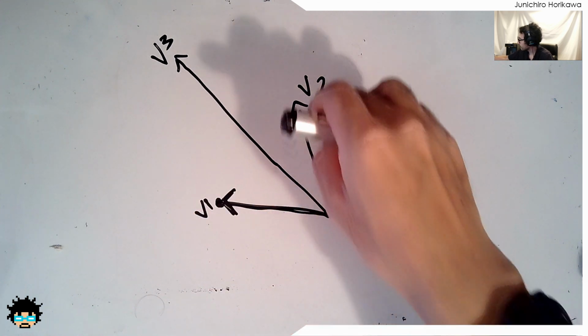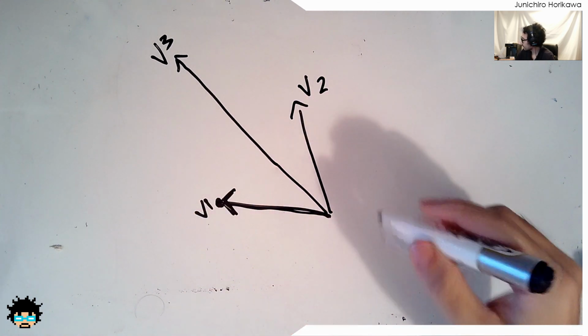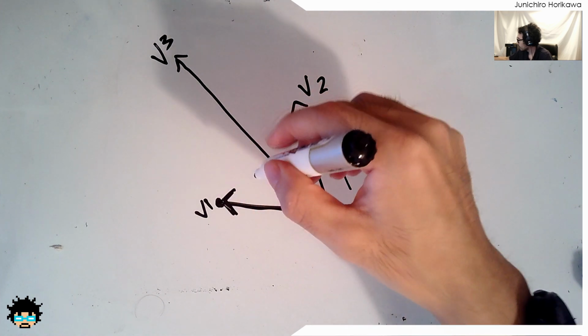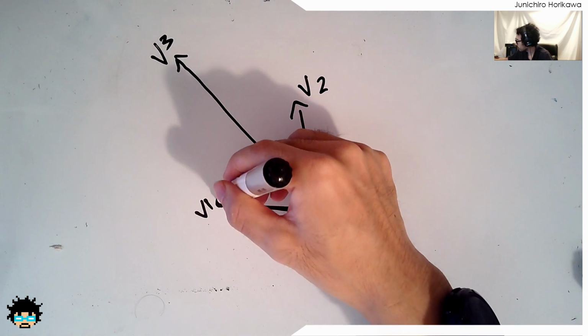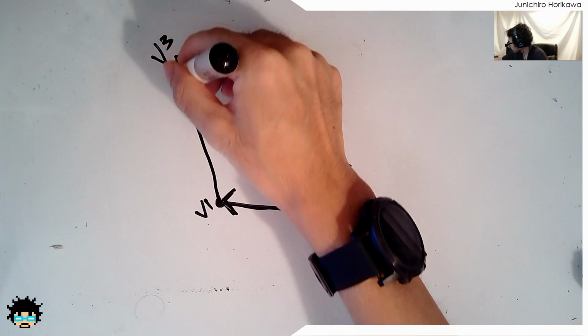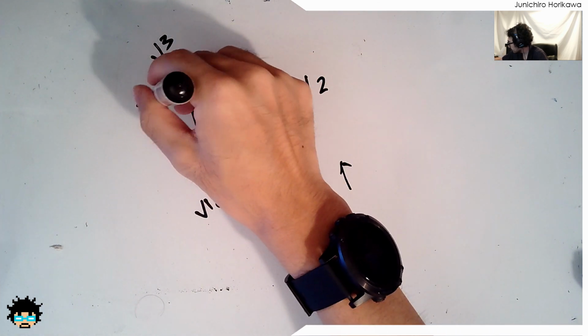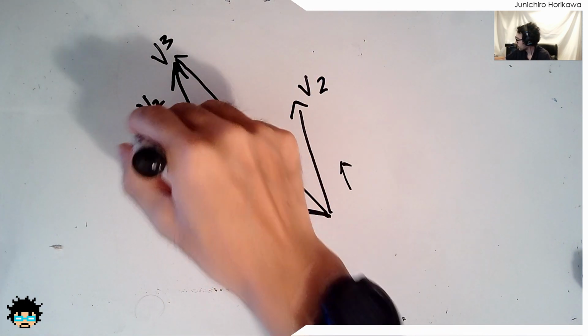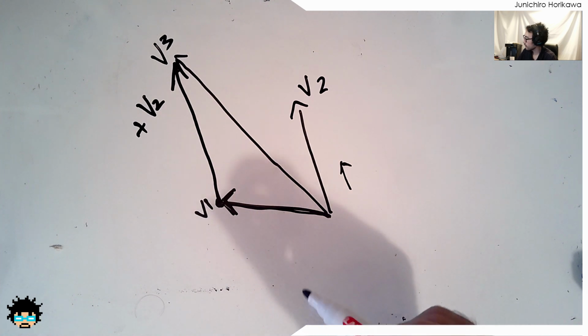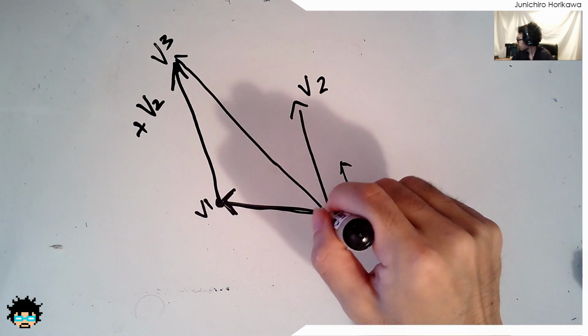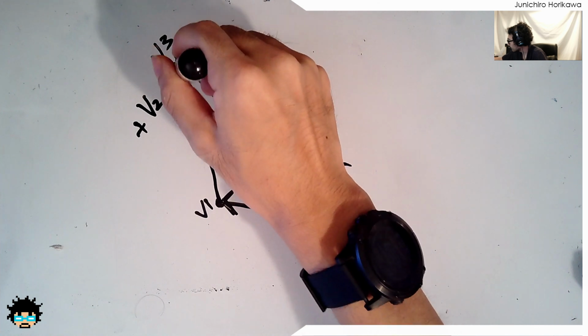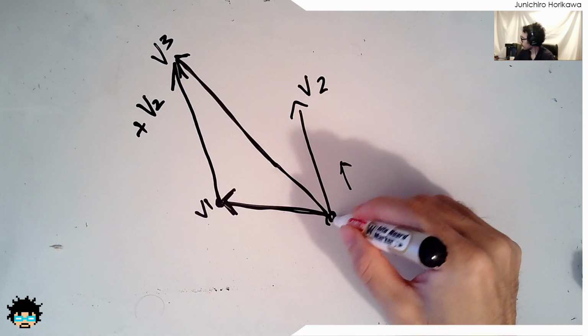In this case, this is V2, and the V2 direction is this way, so you can add V2 like this, and as a result you'll be able to get this combined vector. So the starting point is always the same.